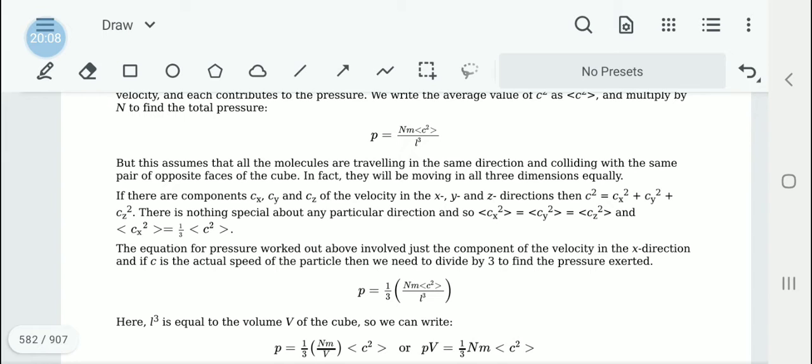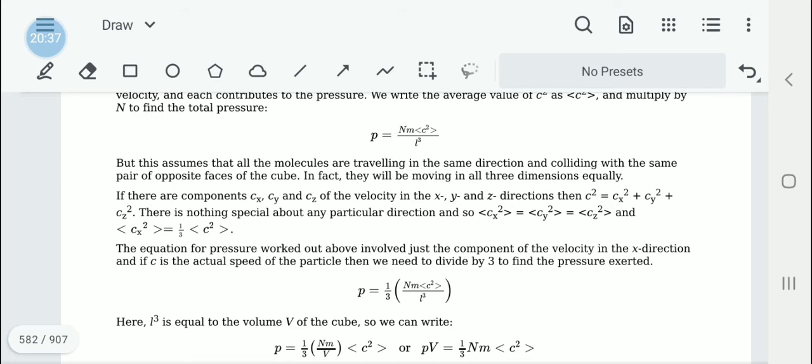Then if the three dimensions are the x-axis, y-axis and z-axis, and there are components cx, cy and cz, then the velocity in the x, y, z directions are going to be, right? So that means forward, backwards, or the three dimensions, right?